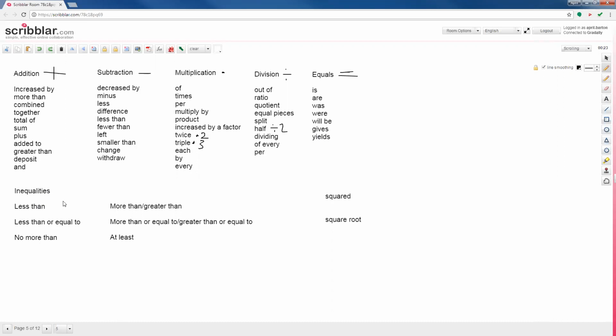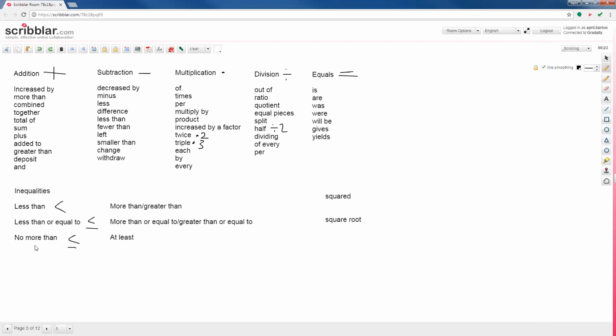Less than is the less than symbol, so the pointy part is to the left and the open part is to the right, but no line underneath, because less than or equal to is when you have that line underneath. And no more than is tricky. Because it has the word more, we really want it to be greater than, but it actually means less than or equal to.